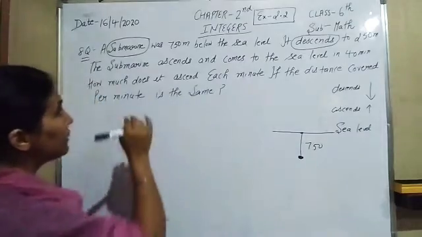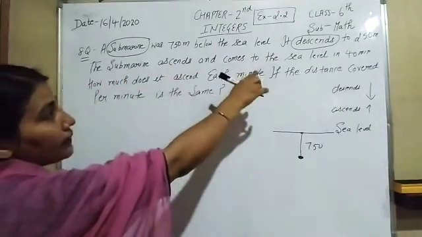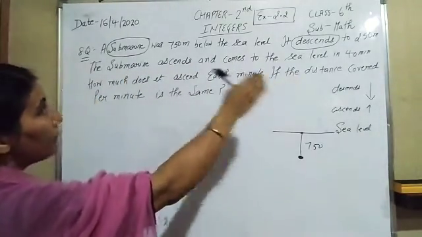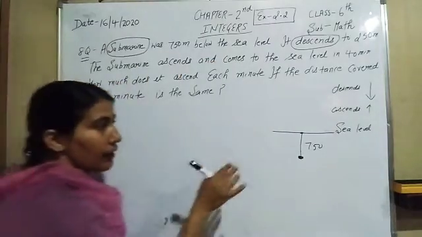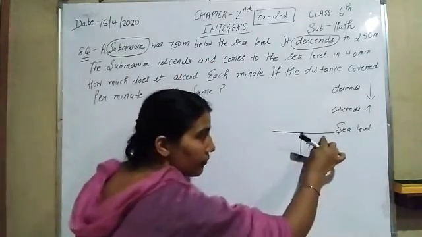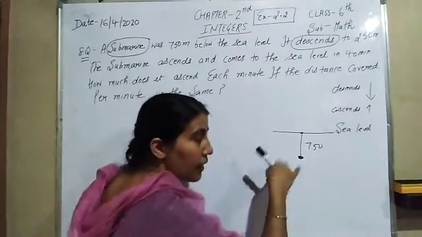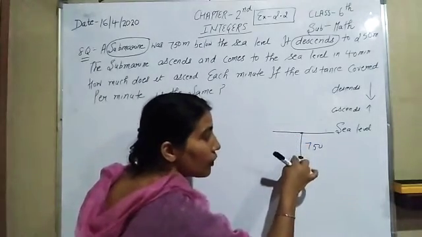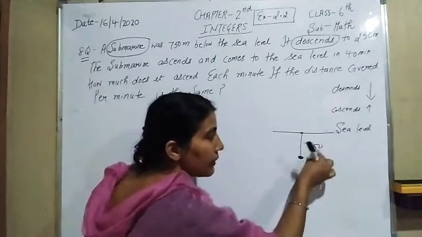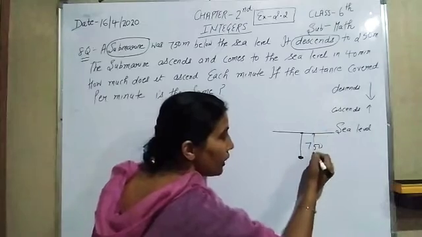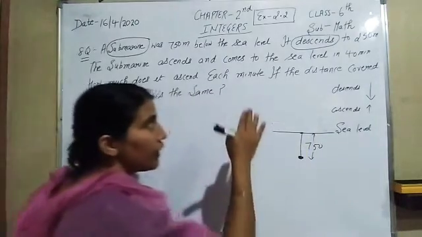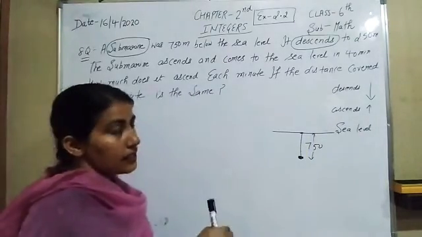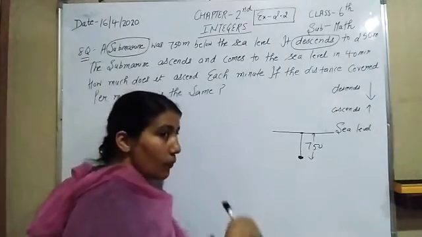Clear? After that, it descends 250 meters. Here is the sea level, and the submarine is below it at a distance of 750 meters. We are given that it descends. The meaning of descent is downward.